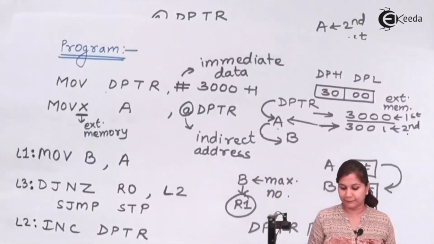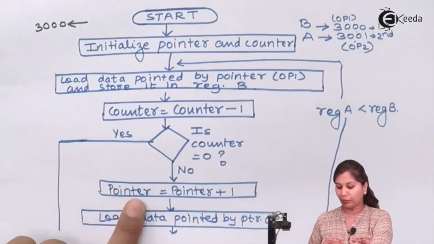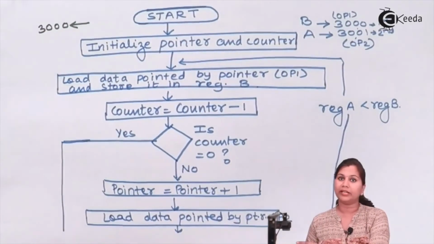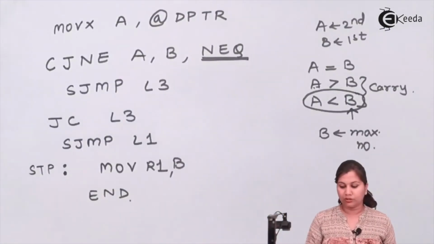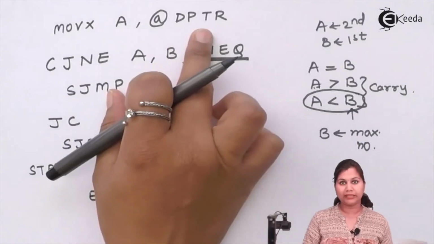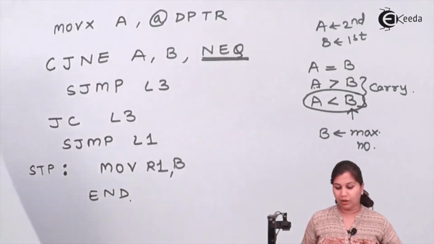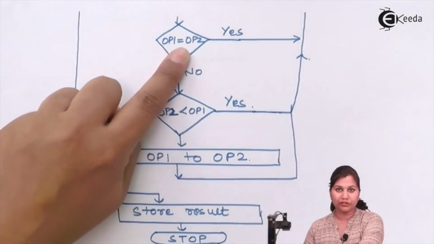After you have incremented the pointer, you have to load the data which is pointed by the pointer into register A. So the number pointed by the data pointer is loaded into the accumulator. Now after loading the data, you have to compare whether they are equal to each other or not.